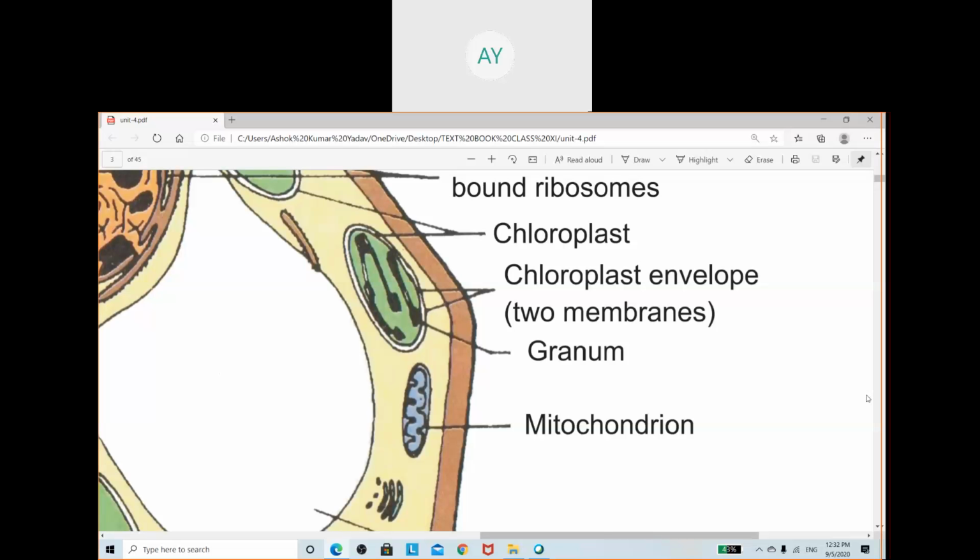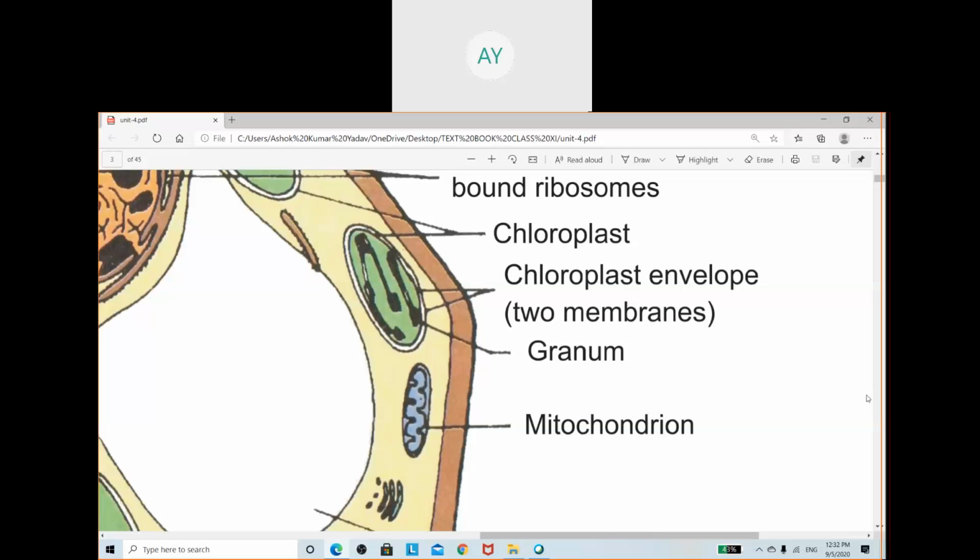That is the name of the particle. You will find it just like a blob, and on it a club-shaped structure, like a gada. On a wooden block, if you put a club, such a structure is present. The base is named CF0 and the club is CF1, just like Hanuman's gada. That type of structure is generally present in chloroplast.